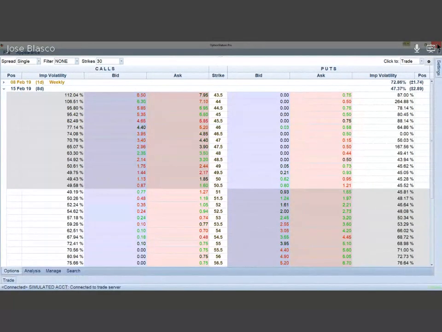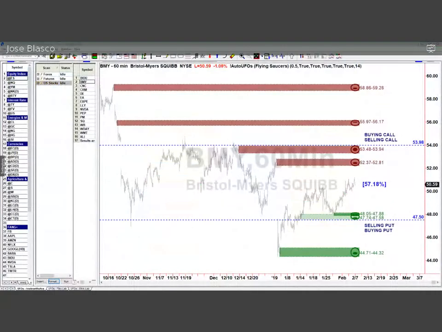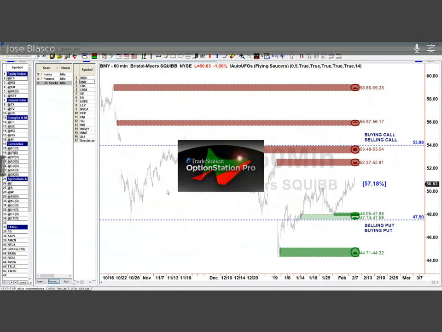So let me, okay, the numbers were already showing up. Let me restart the option chain, because I noticed that for whatever reason, my line for me to input the ticker symbol went away. So I'm reloading Option Station Pro. The market just opened.